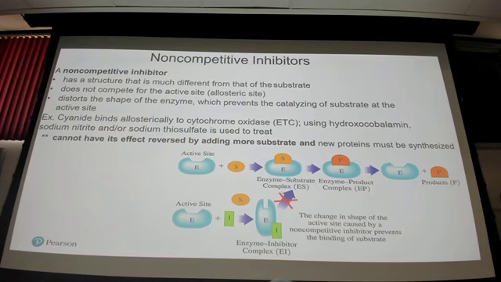They don't stay on there forever. So once the natural substrate goes off, then the inhibitor comes on, and if there's more inhibitor, once the substrate comes off, the inhibitor is just going to flood the enzyme system. Does that make sense? Was there another question?